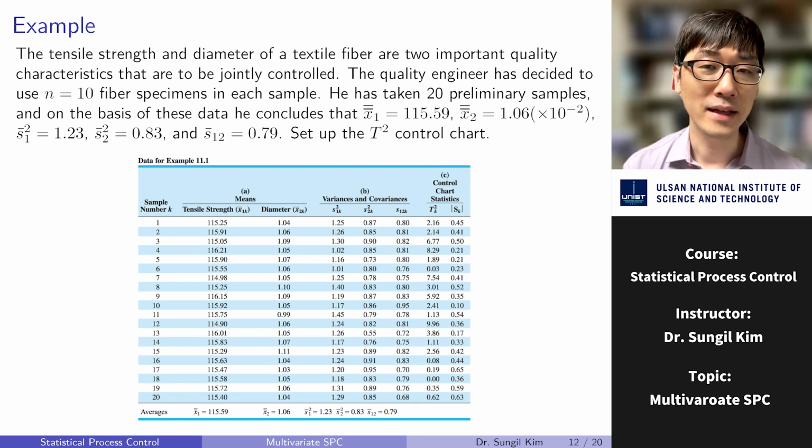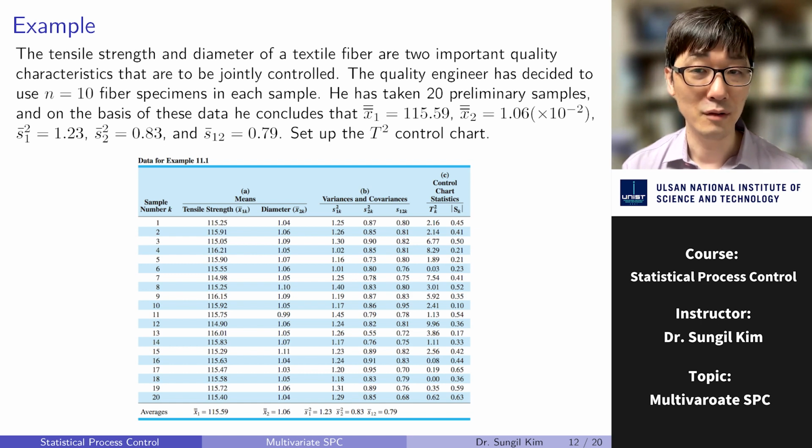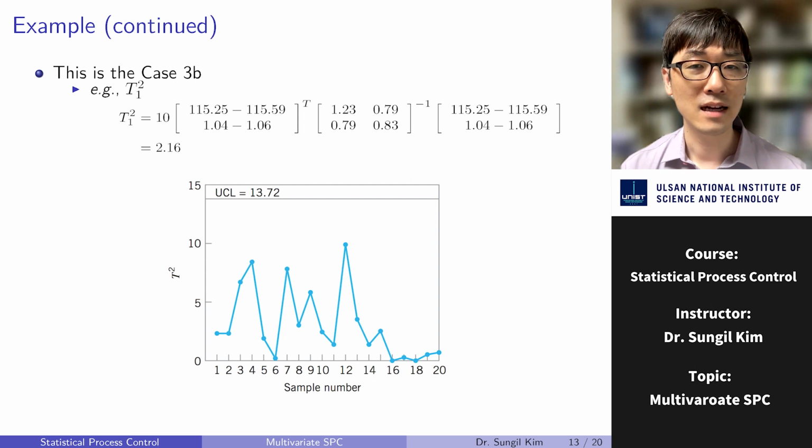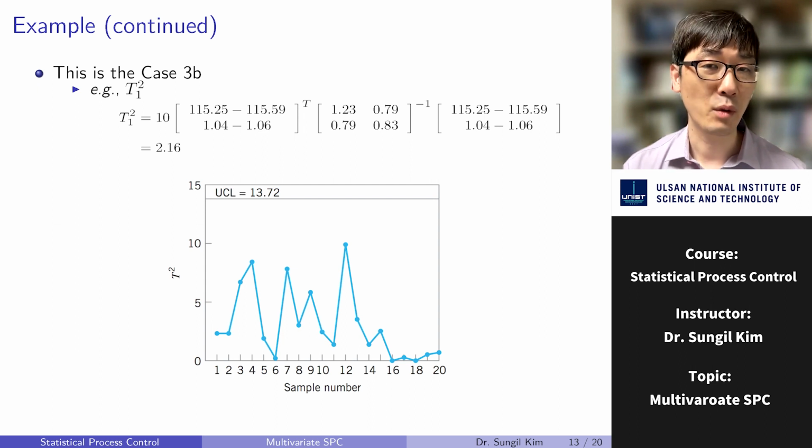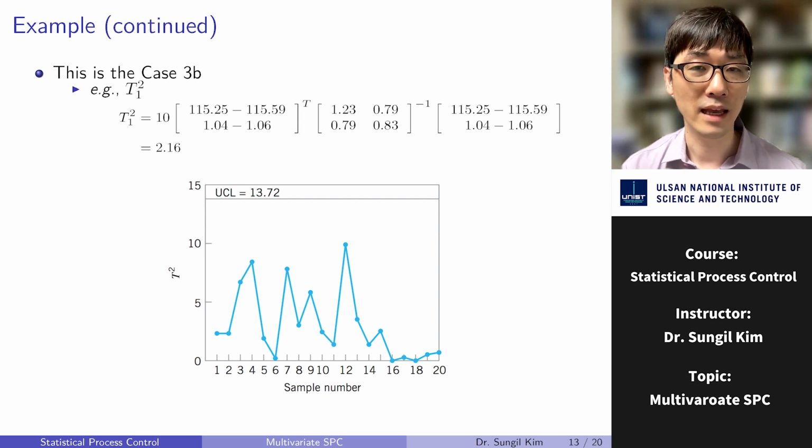Because mu 0 and sigma 0 are unknown, we use the estimates of them. So here is the computation of T1 square based on the test statistic of case 3b from the table in the previous slide. In this way, we can compute T1 square to T20 square and the upper control limit, as shown in this figure.